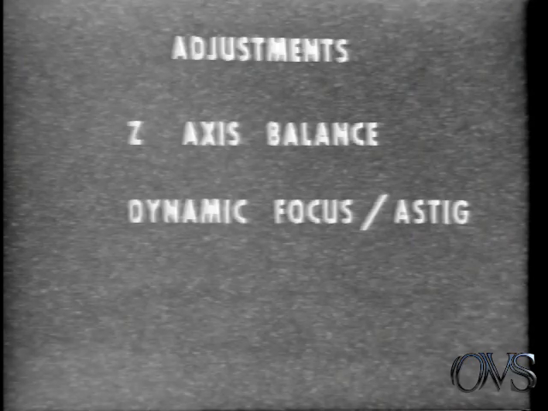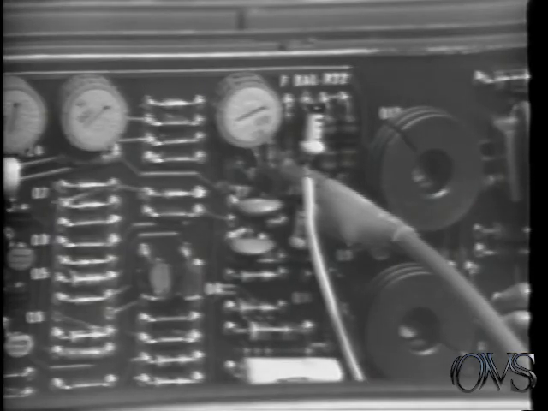To adjust the dynamic focus and astigmatism circuitry, center the focus and astigmatism controls and position the spot to the center of the CRT. Next, connect a voltmeter to test point 1 on the focus astigmatism board.